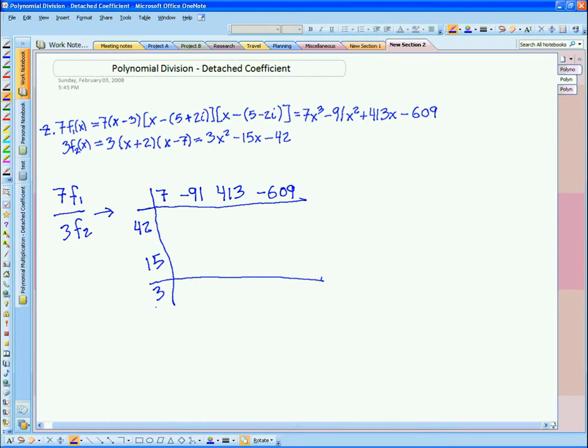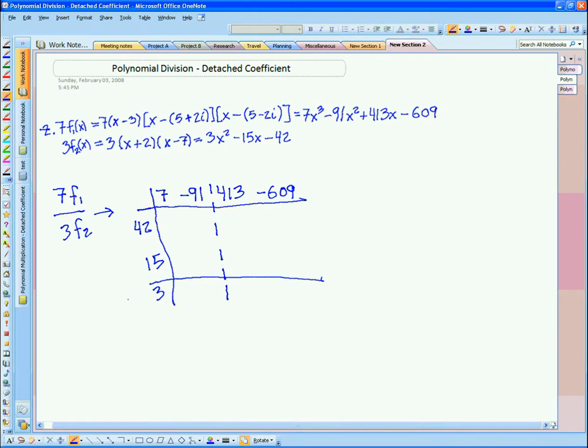Now we're going to do things a little bit differently. The 7 does come down, but first of all, the remainder is going to be the same. In other words, 3 minus 2 is still 1, so we know we're going to have a linear quotient. So there's going to be 2 terms here that are going to be the quotient, and the rest is going to be the remainder.